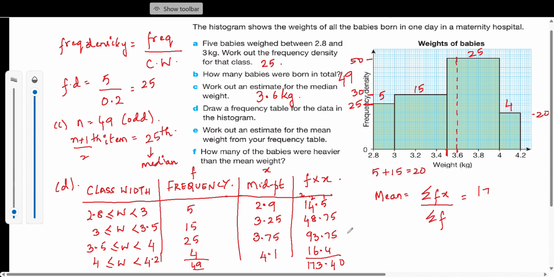Sigma fx is 173.4, divided by my sigma f, which should be the total babies born, 49.